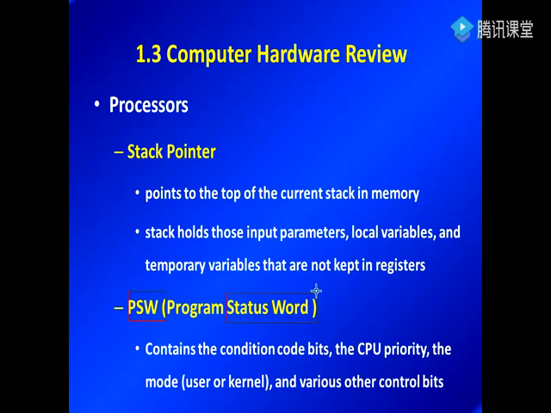It depends on the system; the status words have different bits presenting different information.